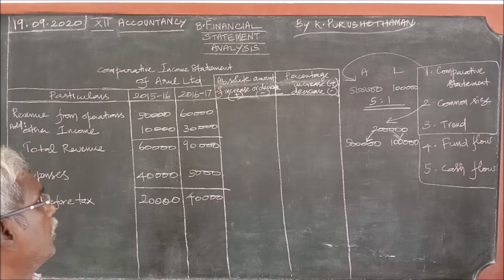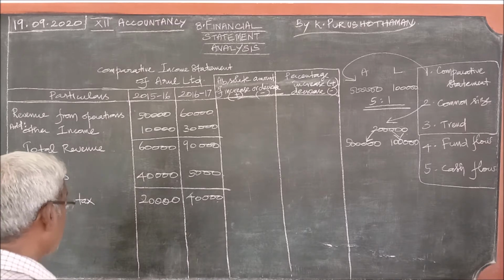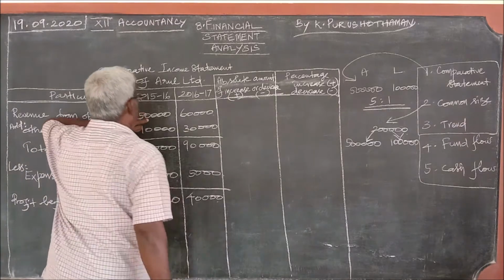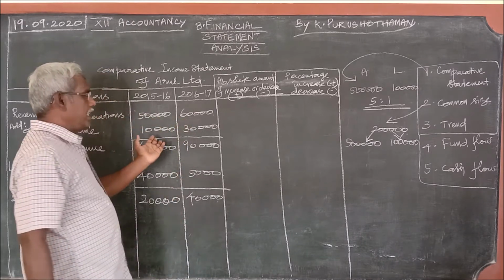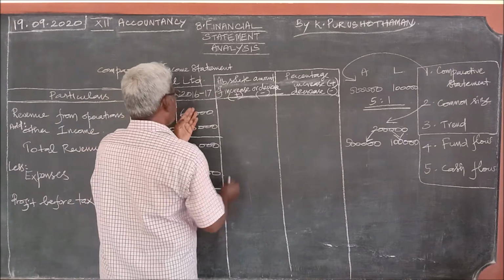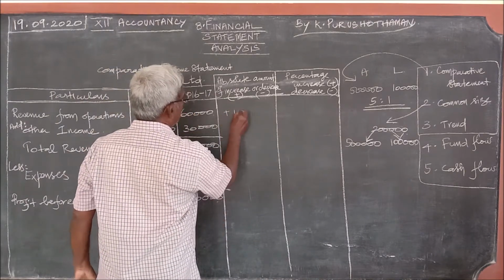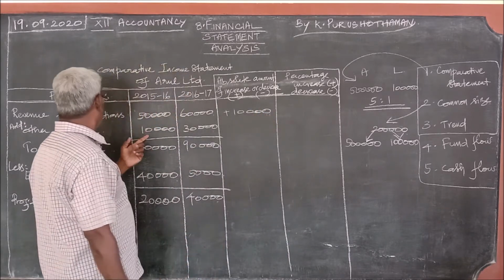Now, how should we find whether there is an increase or decrease? Previous year it was 50,000, now it is 60,000. Is there an increase or decrease? Increase, because 50 to 60 is an increase of 10,000.